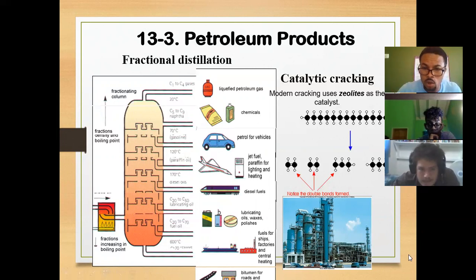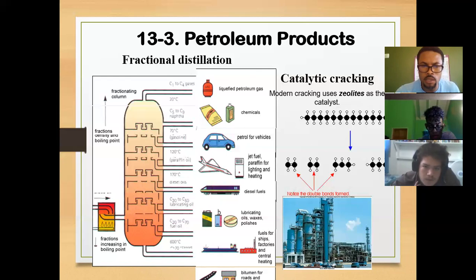As you can see over here in the corner, this is a picture of how the columns would actually look in the industry. So when they drill and collect the crude oil, they place the crude oil into these fractionating chambers, and under extreme temperatures, they heat them.